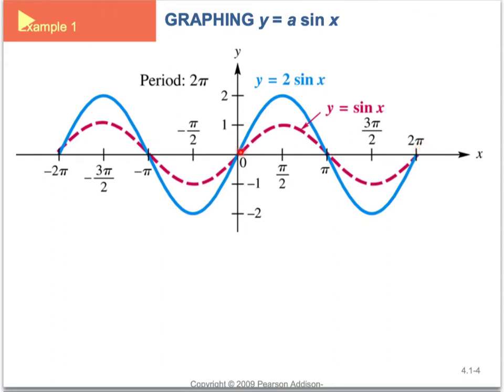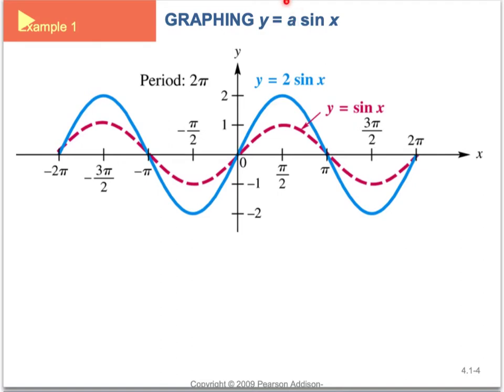Okay? So for y equals sine, one full period is here from 0 to 2 pi. So our period is called 2 pi because it takes from 0 to 2 pi for it to make one full upward and downward curve.